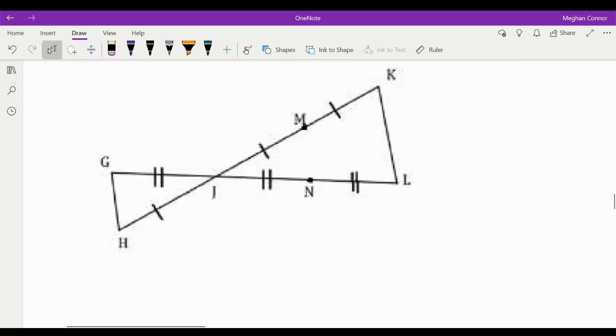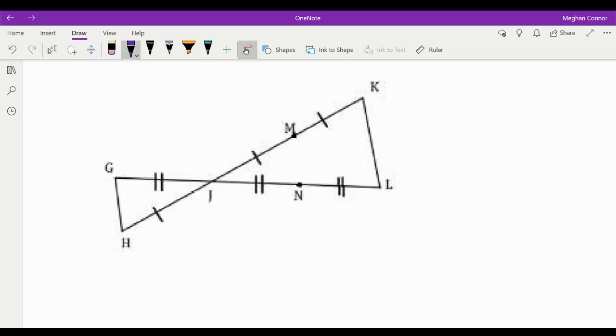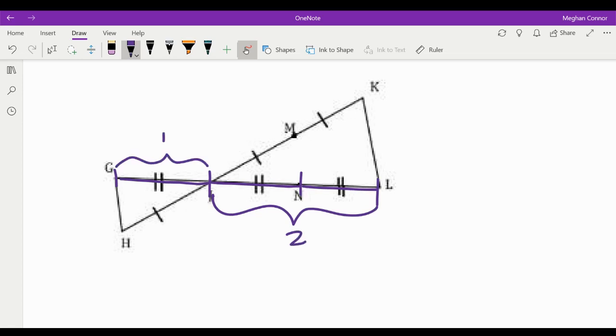Here we've got two triangles, and these tick marks are showing us that this whole segment is equal to this segment, which is equal to this segment, which means I've got 2 of that segment compared to 1 over here, and the exact same thing is happening with these guys.